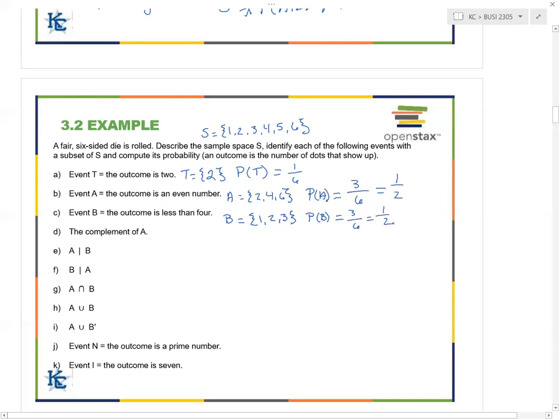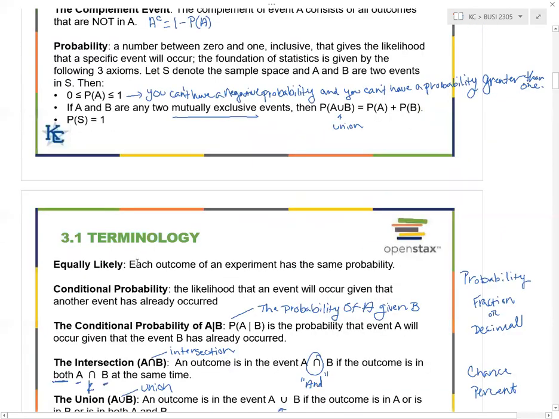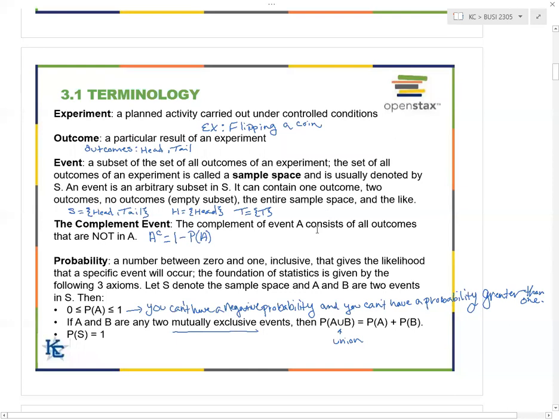So we want the complement of A. While I'm thinking about this, A complement can be denoted several different ways. Let's go back up here where we talk about the complement of A. It could be denoted as A complement, it could be denoted as A complement this way, or it could be A complement as a tick mark.